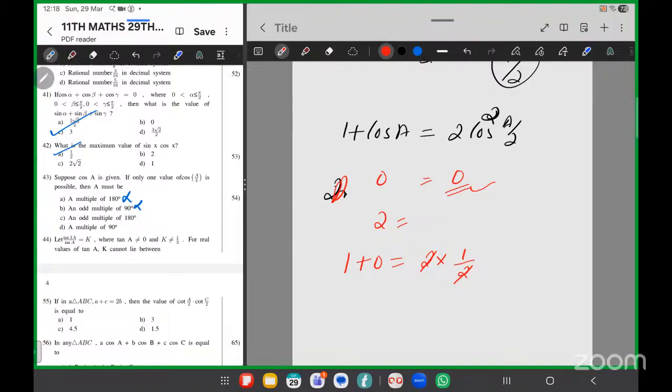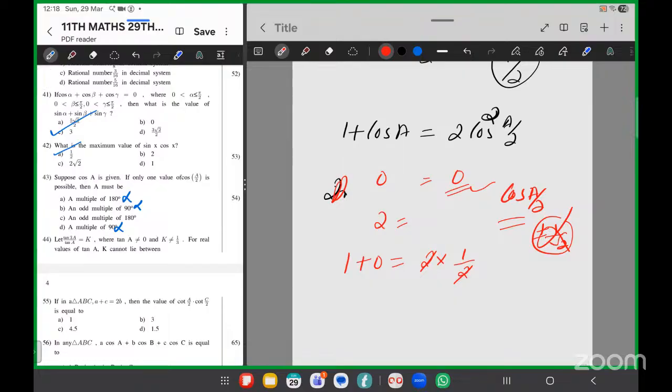Odd multiple of 180 means, if you consider multiple of 90, cos A by 2, you can get plus or minus 1 by root 2. Only one value is possible means that is also not possible. So option B is wrong. So this also becomes wrong. First anyway not possible.